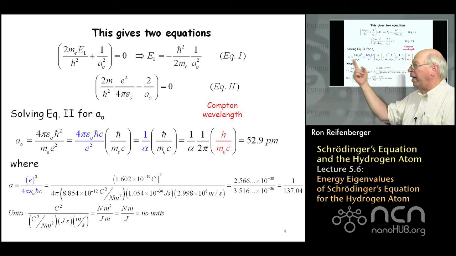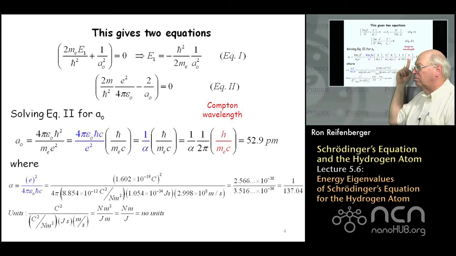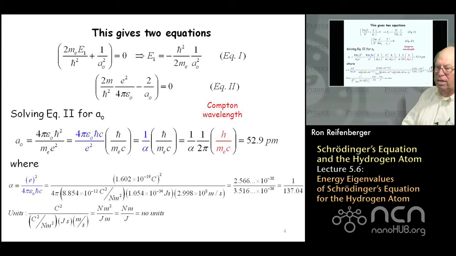And there are many ways to write A0. The way I like to write it is in terms of the Compton wavelength, which is a quantity that we discussed in the first week of the course. That's just h over m times c, where m is now the mass of the electron. There's a factor of 1 over 2 pi, and there's this constant 1 over alpha that is defined down here.